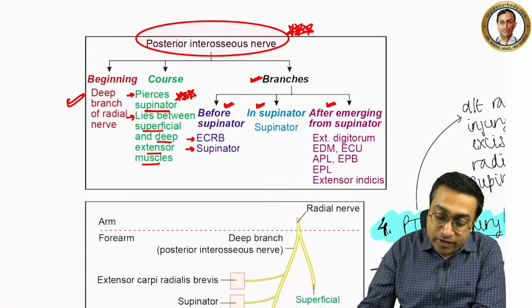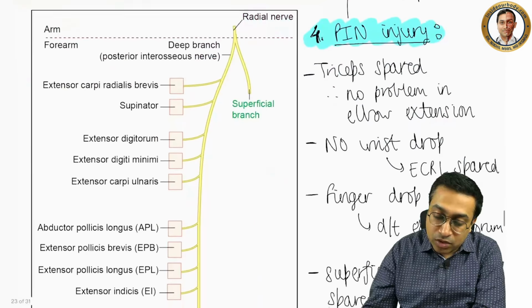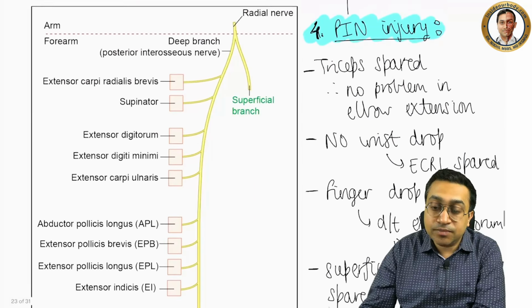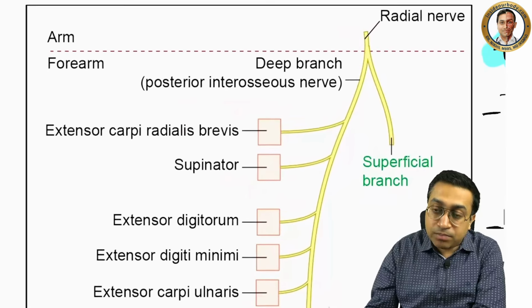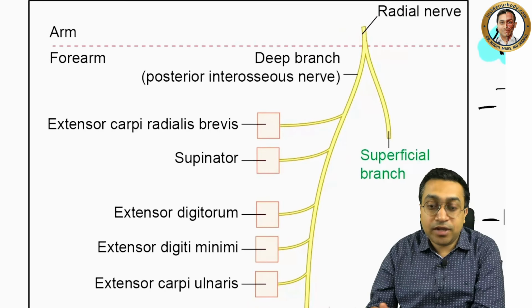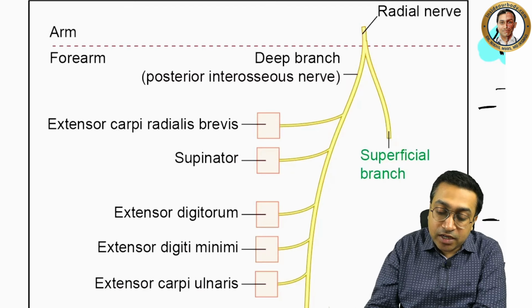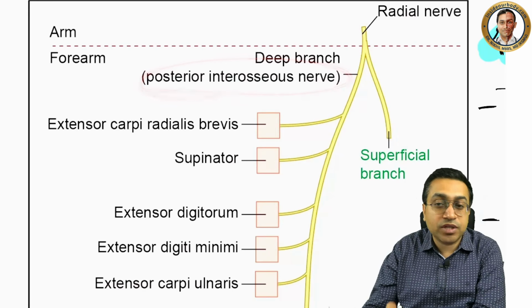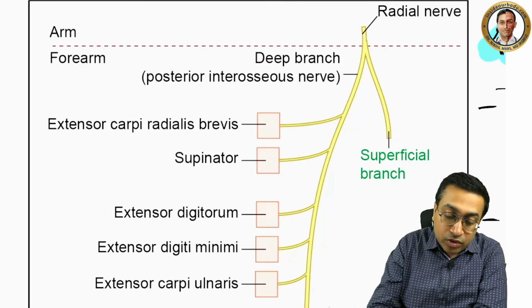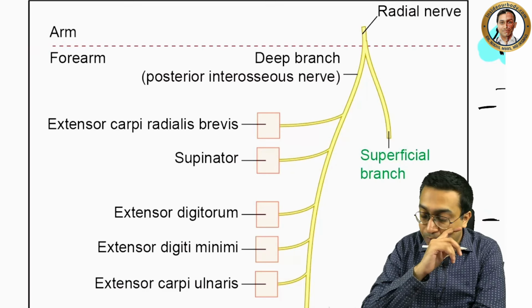So having understood this, now let us talk about this image, showing the supply by the deep branch. The radial nerve was splitting into a superficial branch and a deep branch. The deep branch was given the name posterior interosseous nerve. Now we are talking about the region of the forearm below.